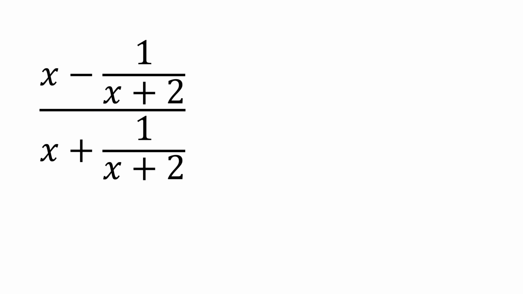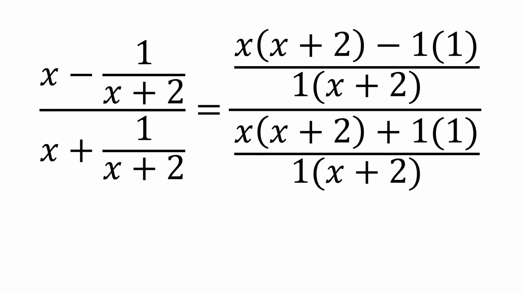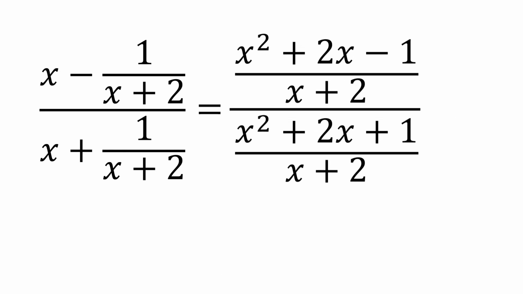By property of fractions, this equals (x times (x plus 2) minus 1 times 1) over (1 times (x plus 2)) over (x times (x plus 2) plus 1 times 1) over (1 times (x plus 2)). By distributive property, this simplifies to ((x squared plus 2x minus 1) over (x plus 2)) over ((x squared plus 2x plus 1) over (x plus 2)).